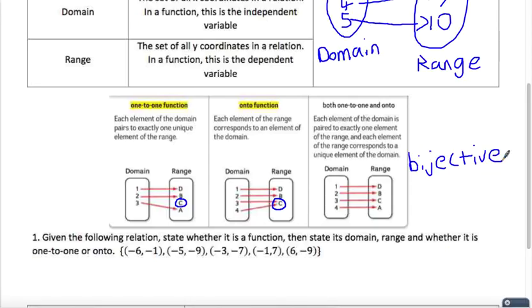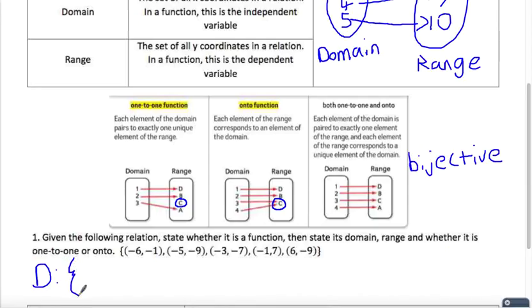So, given the following relation down here, we want to state whether it's a function, and then state its domain, range, and whether it's one-to-one, onto, or both. So we can list out the domain. We can write the domain just like this. I use a D. And then we just want to list all of the x values.